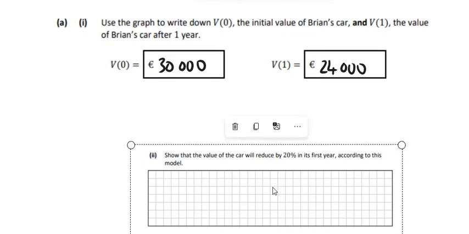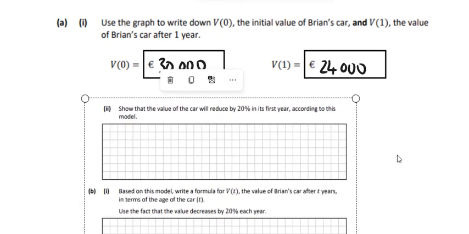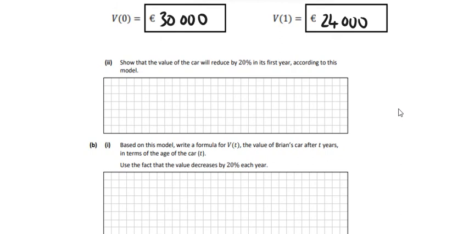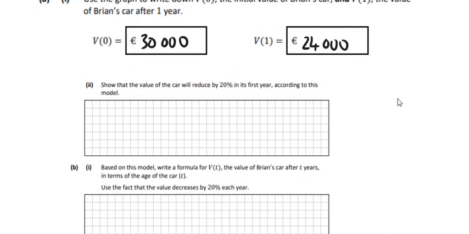So first, show that the value of the car will reduce by 20% in its first year according to this model. So if the value of it at the start was 30 grand, then it decreased by 20%. So we have to work out what's 20% of 30,000. To work out 20% of it, you could multiply by 20% on your calculator, or you could change it into a fraction, just multiply by 20 over 100, or you could multiply by 0.2.